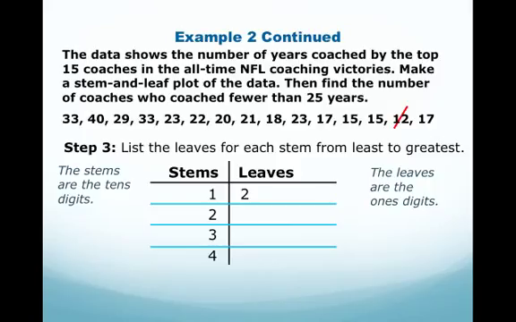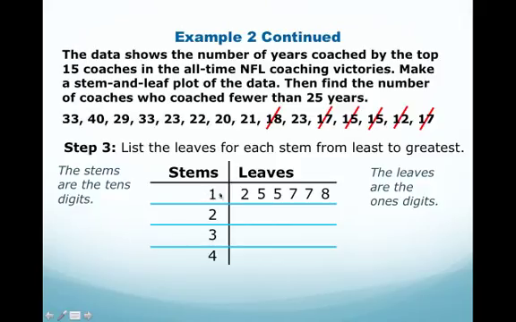So the smallest number is 12, so 1, 2, 15, so we're going to put a 5, 15, we're going to put a 5, 17, we're going to put a 7, 17, we're going to put another 7, and 18, we're going to put an 8. So again, all those went under the stem of 1.